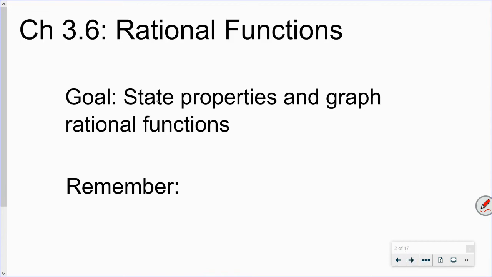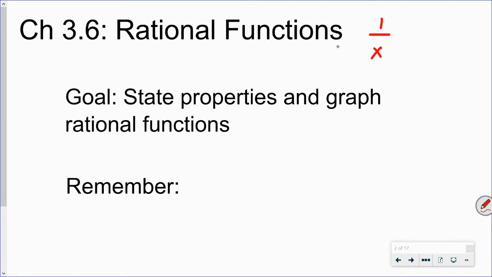Chapter 3.6 is rational functions. A rational function is any function that has x in the denominator. It doesn't have to be 1 over x, but it has to be in some fraction form with a variable on the denominator.